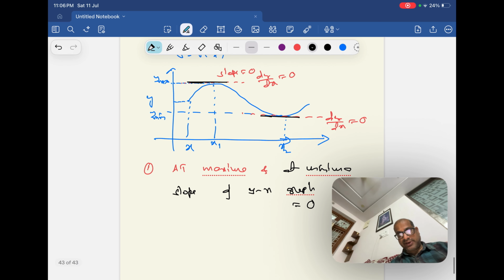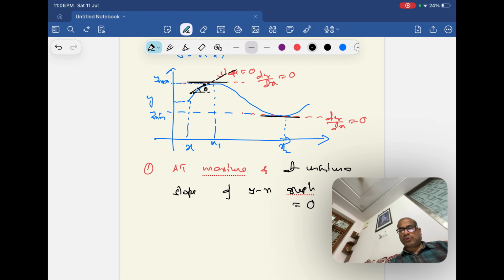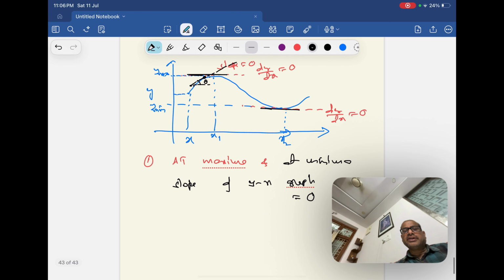So what happens in the neighborhood of maxima and minima? Neighborhood means just before and just after the maxima. If you draw a tangent just before the maxima, the angle theta is acute, less than 90, so the slope is positive, and at maxima the slope is equal to 0.